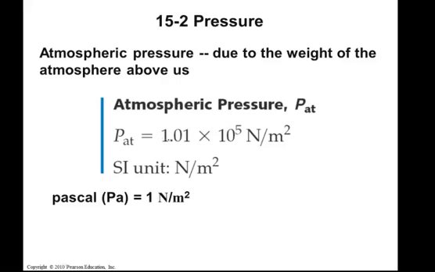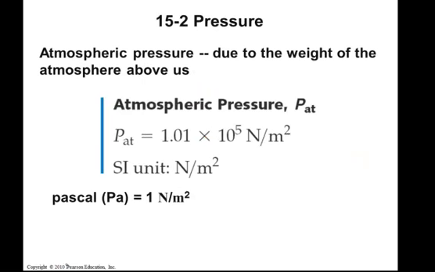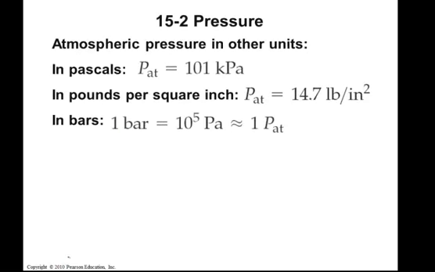So this could be 1.01 times 10 to the 5th pascals. And the answer that I just got in the last problem, 3.2 times 10 to the 5th, could also be pascals. Other units include kilopascals, pounds per square inch, or bars. Most of the time we're going to be dealing with pascals.